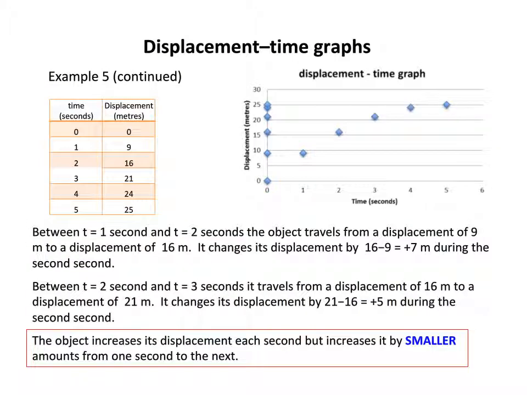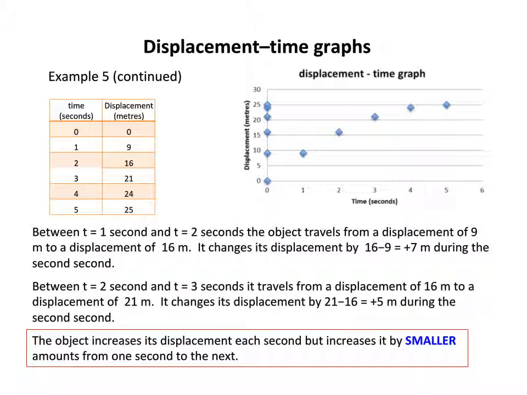Now looking more closely, between 1 second and 2 seconds, the object travels from a displacement of 9 meters to 16 meters, so it changes its displacement by 7 meters during that second. Then, between 2 seconds and 3 seconds, it travels from a displacement of 16 meters to 21 meters, so the change in displacement there is 5 meters. What's happening?